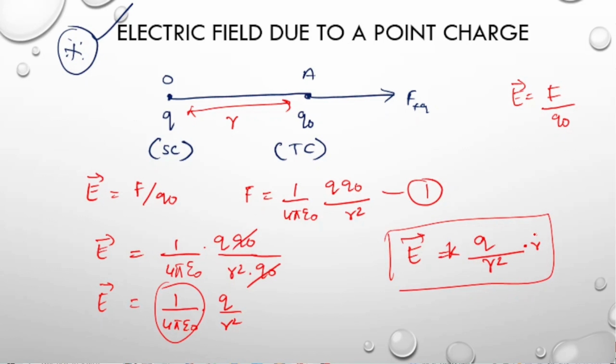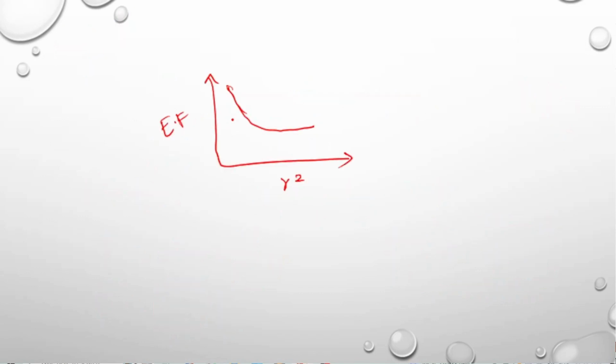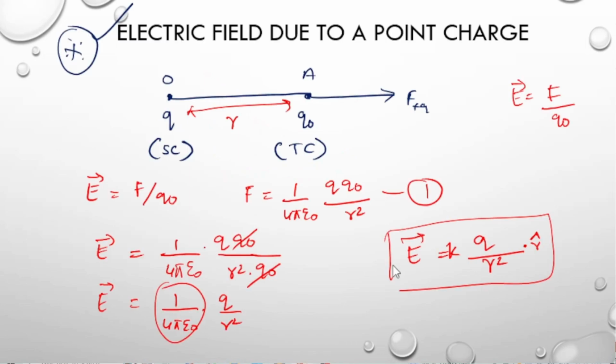Now if I draw a graph based on the electric field and the distance, let this be the electric field and this be the distance, r square. An increase in distance will decrease the electric field, right? And if you observe this equation, the electric field does not depend on the test charge.